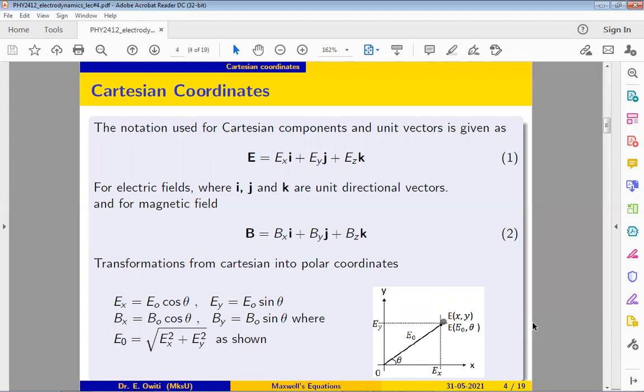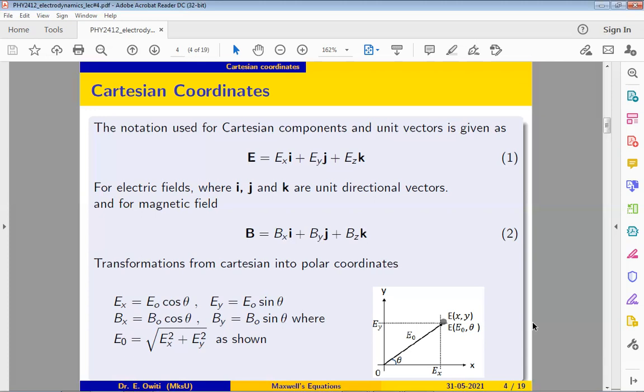Similarly, for magnetic field, you have component x, which is Bx, component in the y direction, that is By, and component in the z direction, that is Bz. And then don't forget that these axes have what we call the unit vectors. i denotes the unit vector in the x direction, j denotes the unit vector in the y direction, and k denotes the unit vector in the z direction.